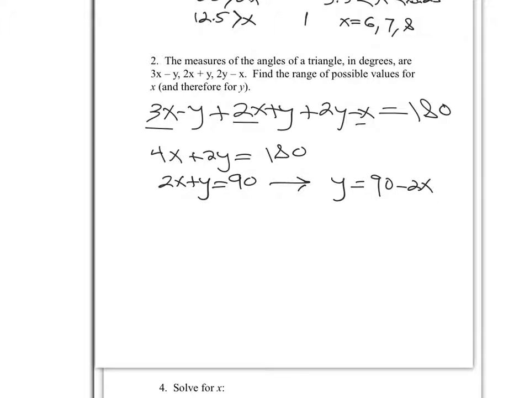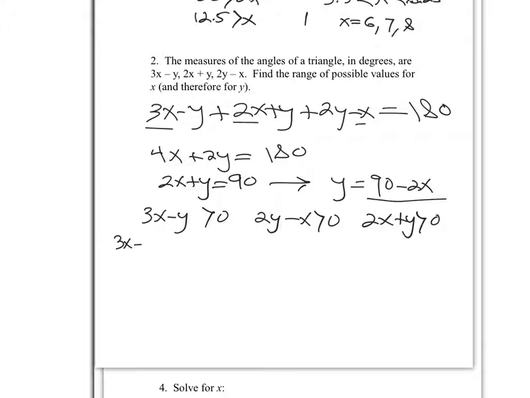Okay, the other thing that we know is that each of these angle measures have to be greater than 0. So we can say that 3x minus y is greater than 0, 2y minus x is greater than 0, and 2x plus y is greater than 0. Well, what we can do is replace y in these equations with 90 minus 2x. So we get 3x minus (90 minus 2x) is greater than 0.